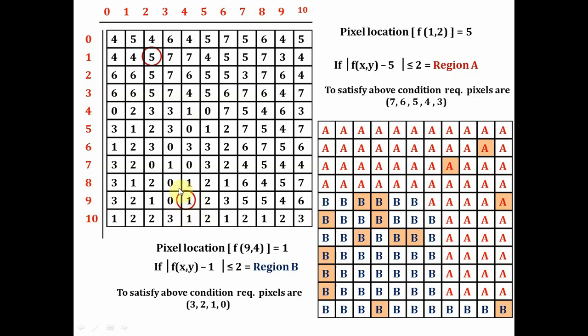Again I can select any one from the input image. Now suppose I am selecting a 5 at coordinates 1, 2 of the input image. So I need to specify that I am selecting f of 1, 2 as a seed pixel which has intensity value 5, and I am selecting 9, 4. The 9, 4 is the location for the pixel which has the intensity value 1.